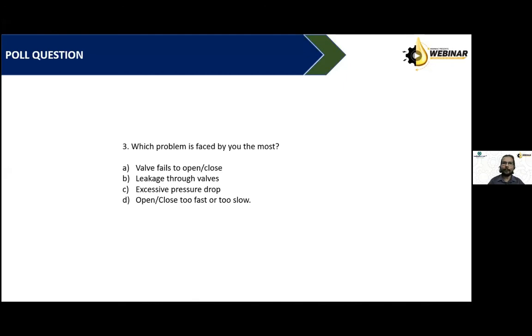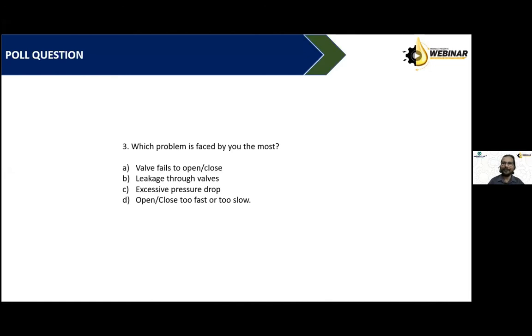So we can say that valve is failing to open or close, leakage through valves or PRVs, excessive pressure drop, or open close is too fast or too slow. Yeah.